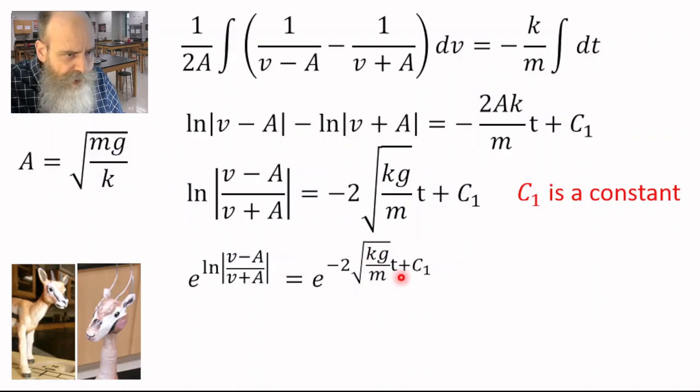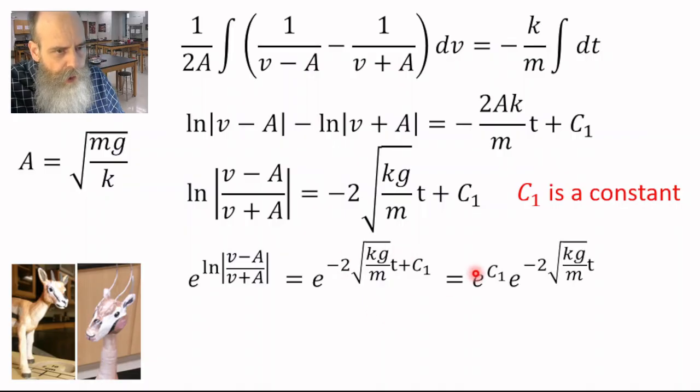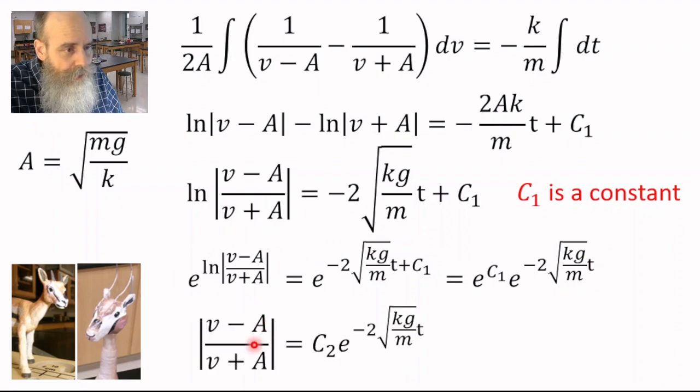This exponential function on the right can be written as two factors, e to the c1 and e to the negative 2 square root of kg over m times t. And when we take e to the ln, we just get v minus a over v plus a, and so it equals c2 times e to the negative 2 square root of kg over m times t.